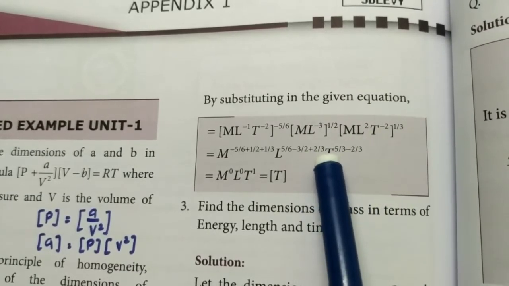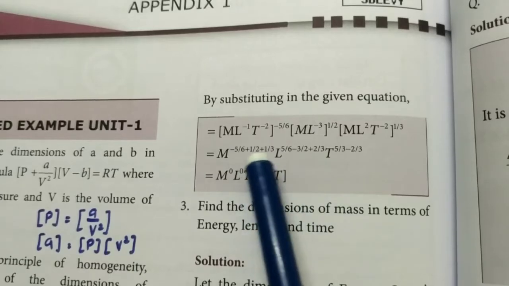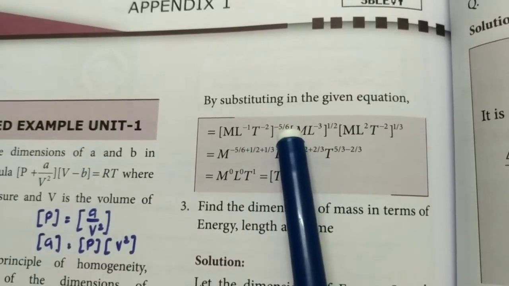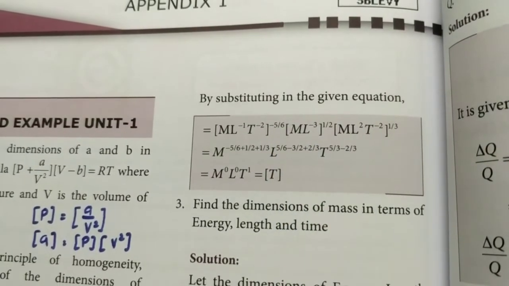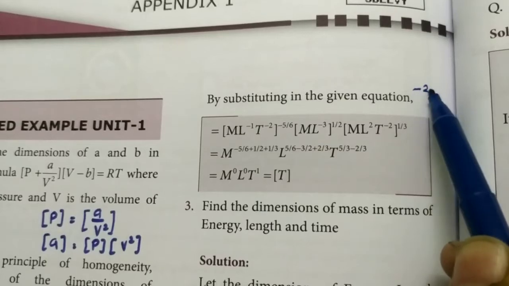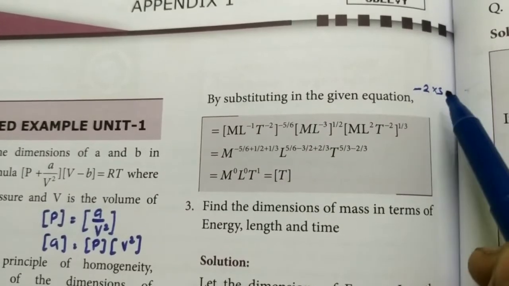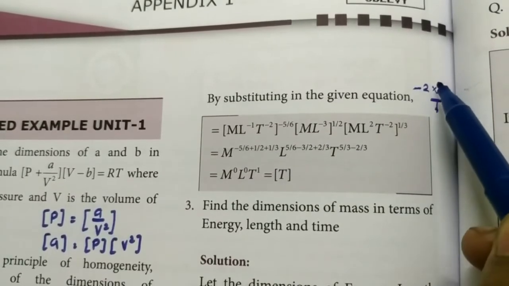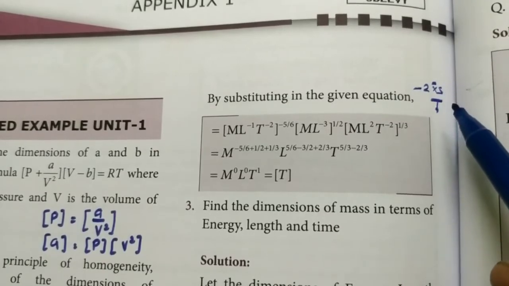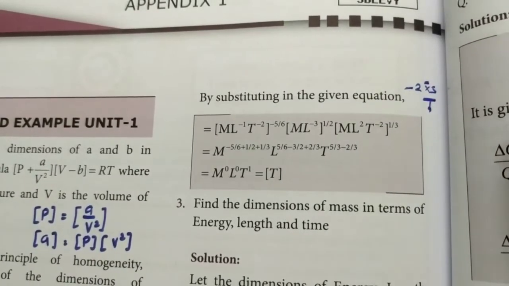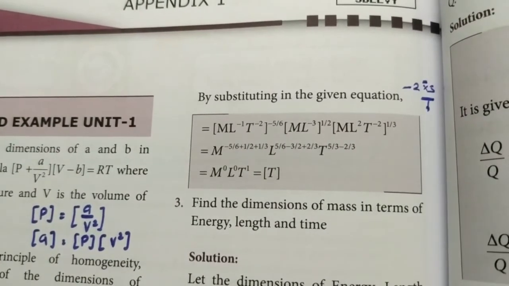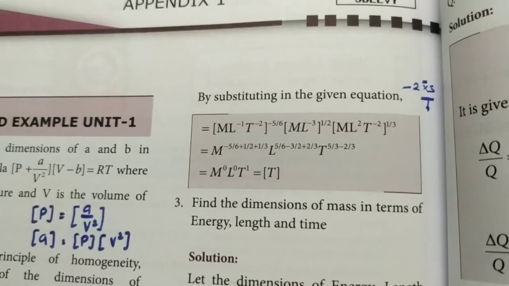Okay, next for T. T power here, minus 2 into minus 5 by 6, what do we get? Minus 2 into minus 5 by 6 is plus, so 10 by 6, or simply you can cancel this 2 and 6, then we get 5 by 3, isn't it?